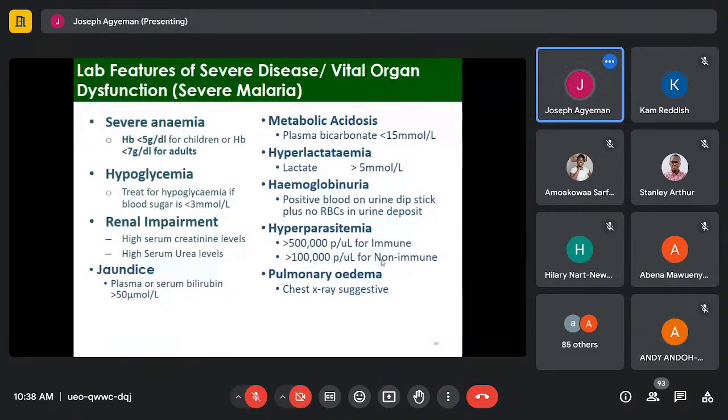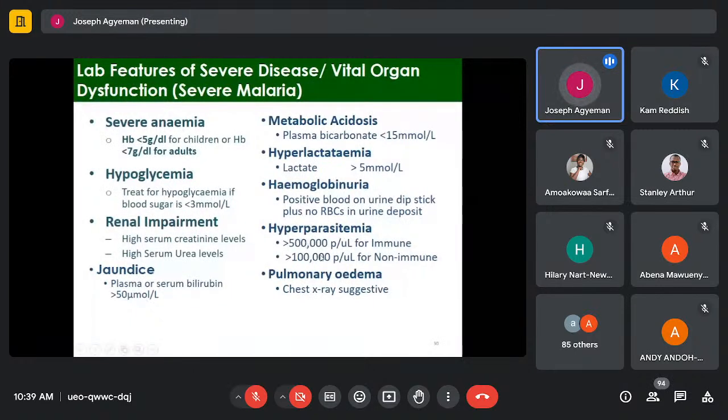But mind you, even those who have partial immunity, you could have a very low parasitemia, yet there could be these signs and symptoms of severe malaria, meaning it is not always that the person will get hyperparasitemia before the problems of severe malaria set in. There could be far lower levels, let's say for immune individuals around 200 or even 100,000, yet the parasite will be virulent enough to cause the problem.